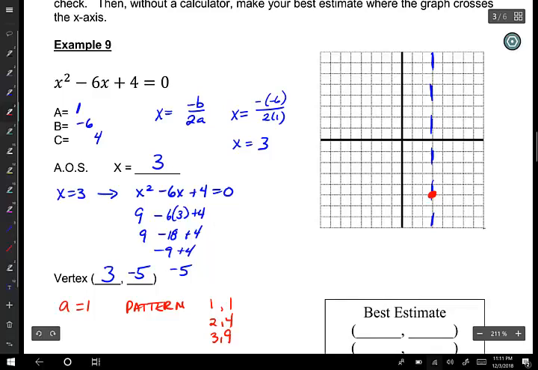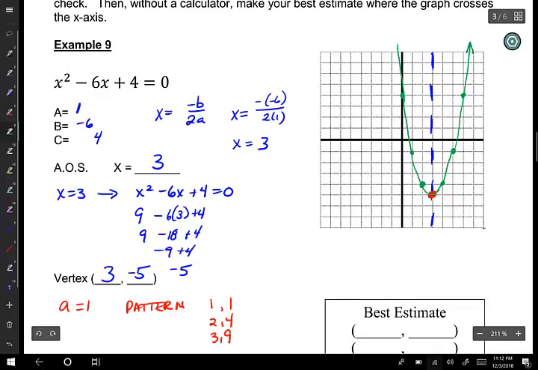So I'm going to very carefully try to graph this using green points. Over 1, up 1, over 2, up 4, and now over 3, up 9. So there's 5, 6, 7, 8, 9. So I've got my points, and I'm going to sketch this coming down, curving at the bottom, and coming up.